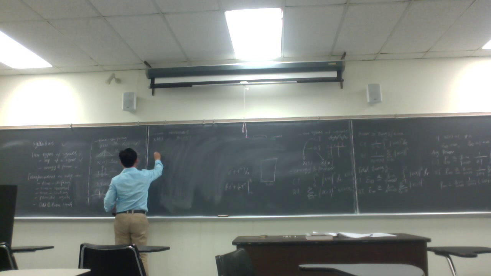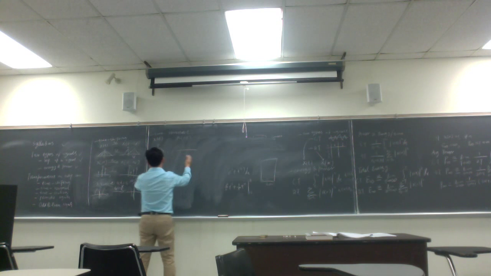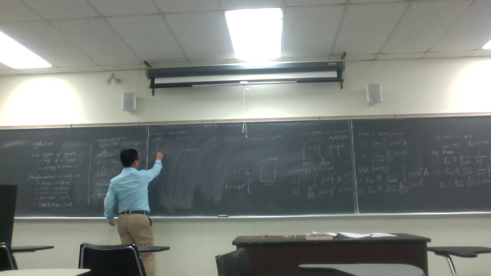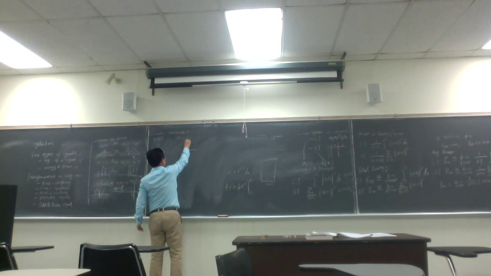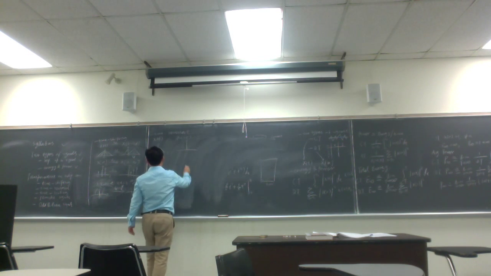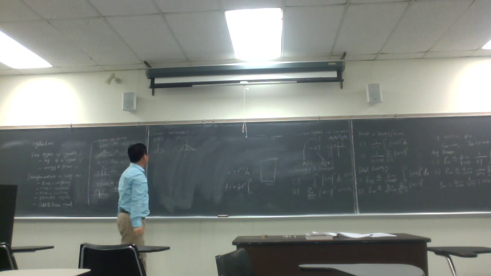So again, if we have a signal like this triangle, then its reversal will be reflected by the t equal to 0 point, this axis. So it will look like this.